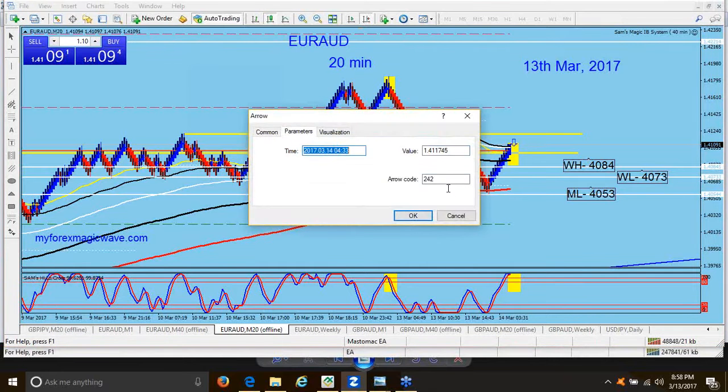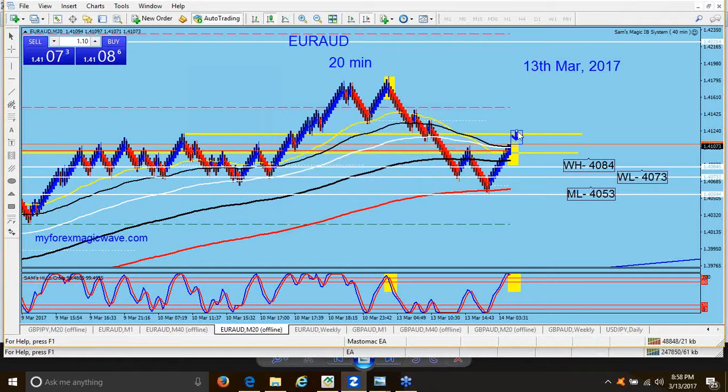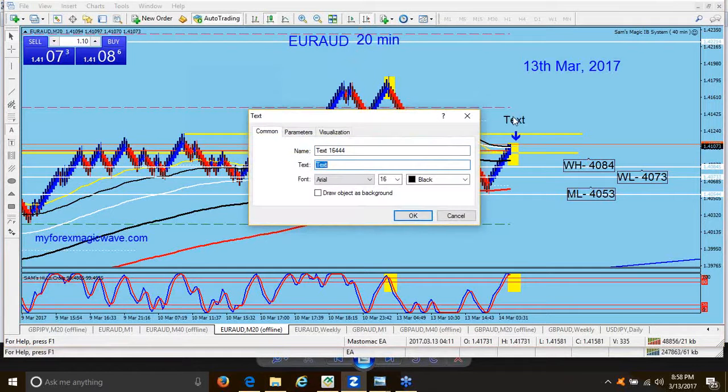Let me see. I don't like that thing there. I like this size, this style, a bit clearer. And I would sell here. When I open a trade, then I'm gonna write down the sell. Well, let me just write it down anyway, because I'm very sure that will happen.